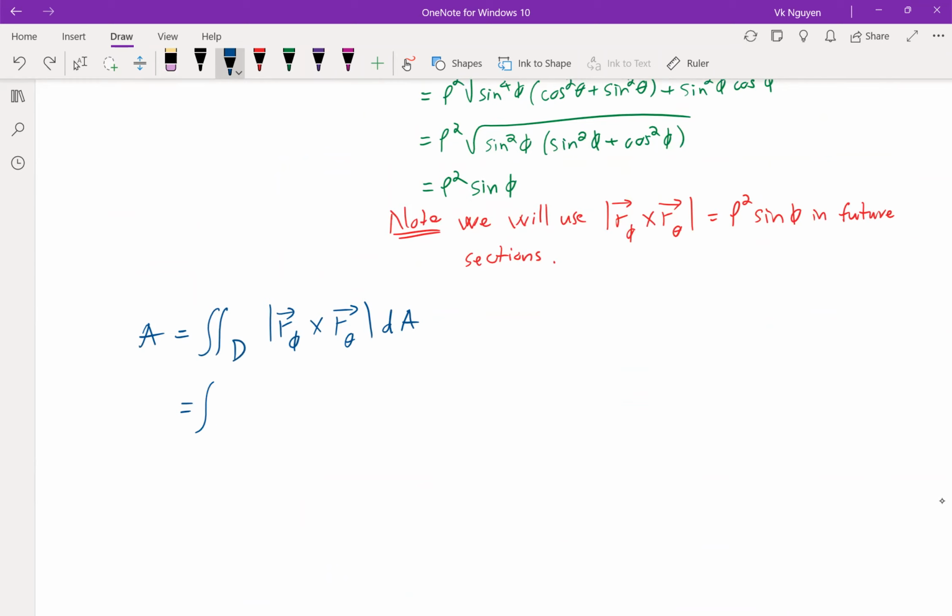Well, if you do this, 0 to 2 pi, 0 to pi, it would be rho square sine phi, and then dA is going to be d phi d theta.